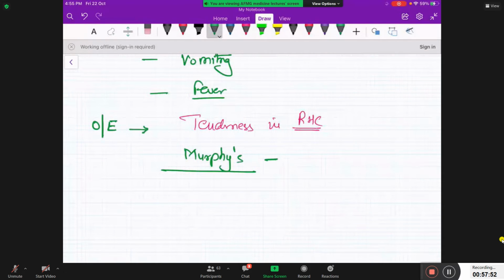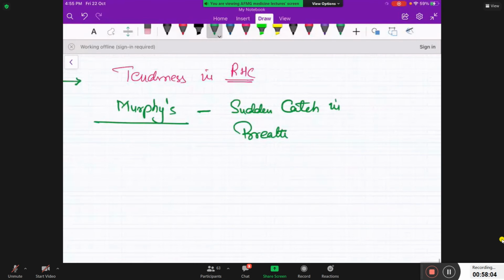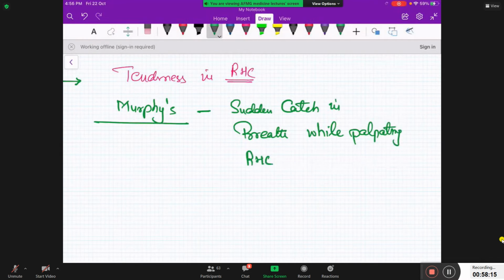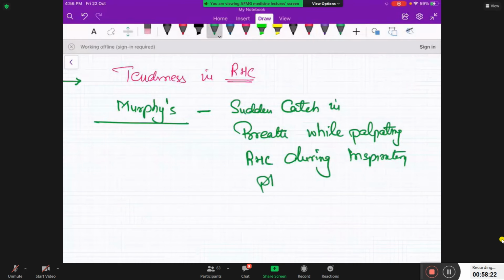Murphy's sign is sudden catch in breath while palpating right hypochondrium during inspiratory phase of respiration.